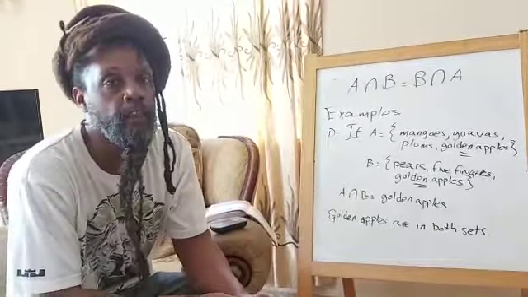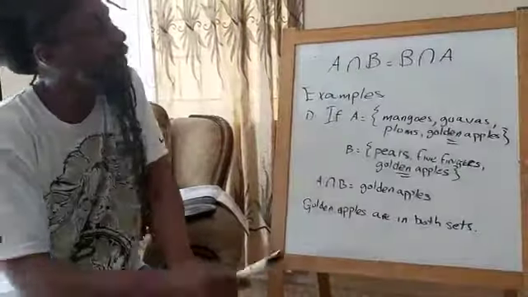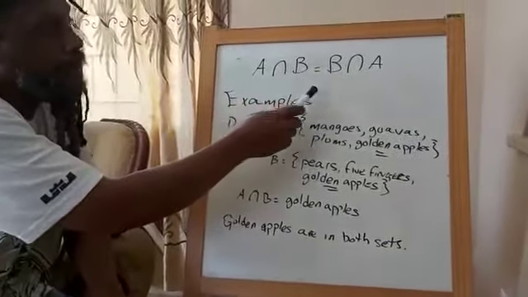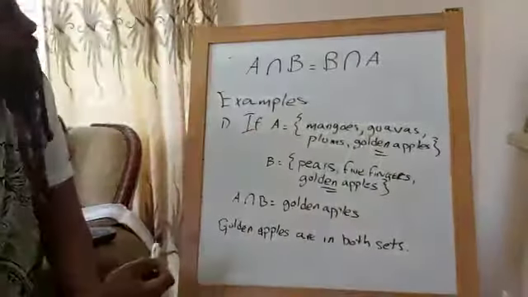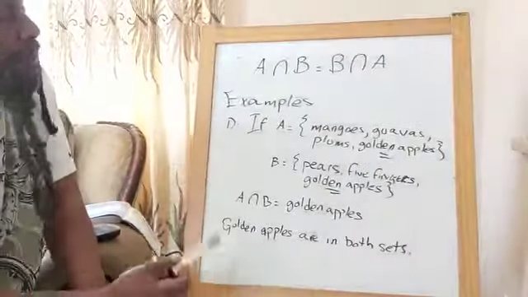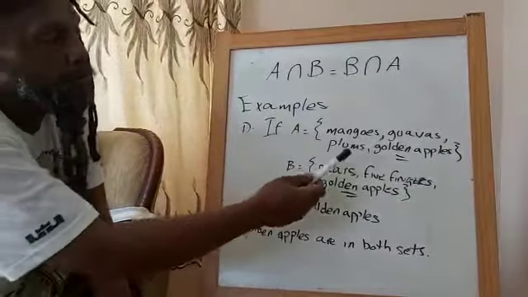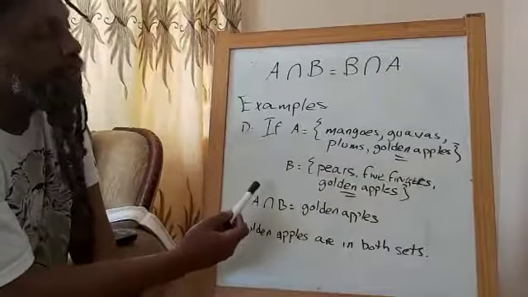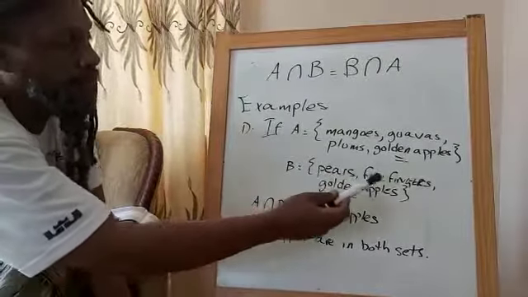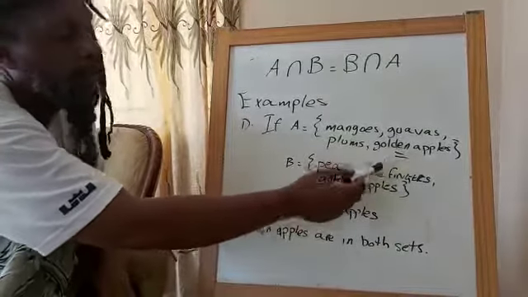Alright, so we continue with your notes. Note that A intersect B is the same thing as, or equal to, B intersect A. I'm going to give you some examples. The first example, if A is equal to mangoes, guavas, plums, golden apples, and set B is equal to pears, five fingers, and golden apples, you see golden apples are in both sets.